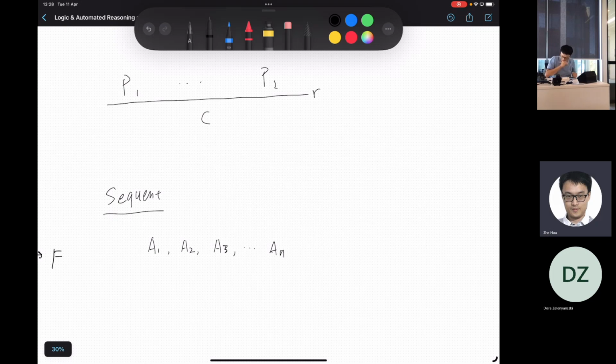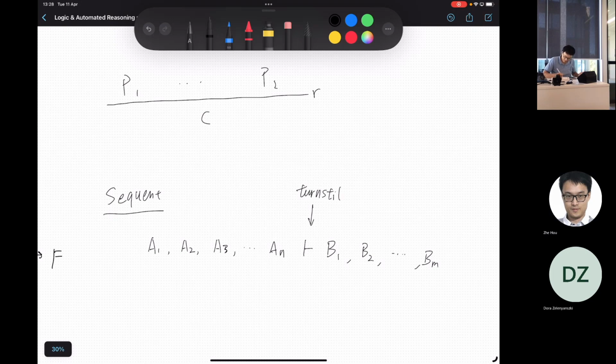So that's one sequence. And then there's this symbol. And then we have another sequence, B1, comma, B2, comma, ..., BM. Because you may have a different number of items on the right-hand side, N and M. And that symbol is called a turnstile. It's like the turnstile you use when you go to the subway. We probably don't use those anymore, but it's called a turnstile.